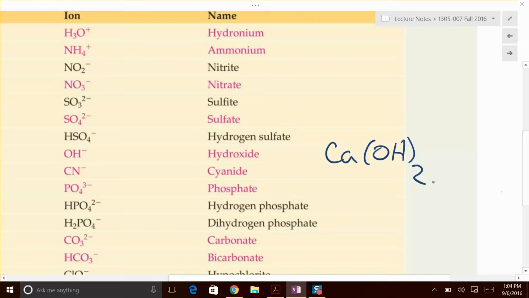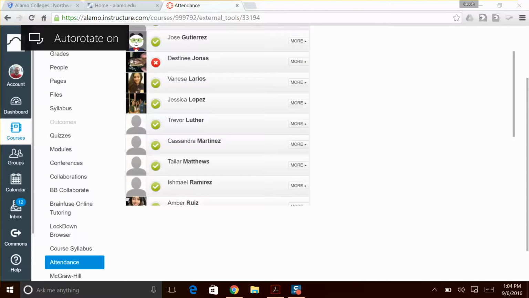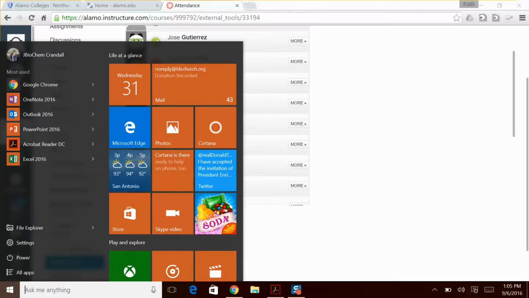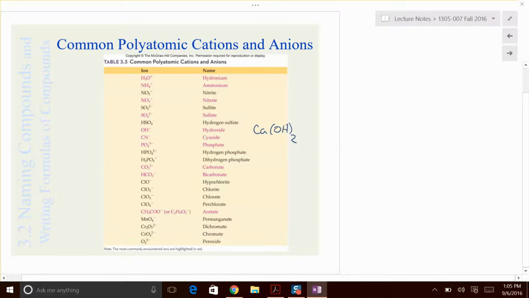Why don't I need to say calcium 2 hydroxide? Because it's not a transition metal. So I don't have to say calcium 2 hydroxide because it is not a transition metal. Otherwise, I do need to say it.